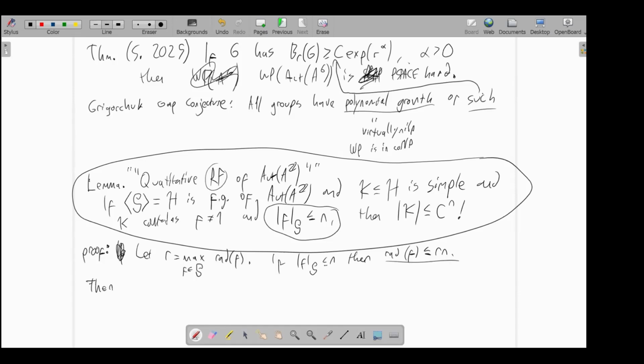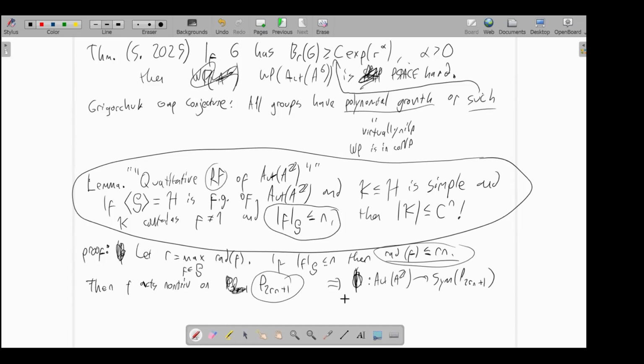As we showed in the proof of residual finiteness, this acts non-trivially on P2Rn plus 1. So I have a homomorphism phi from the automorphism group to the symmetric group of P2Rn plus 1, such that F is mapped to a non-trivial element.